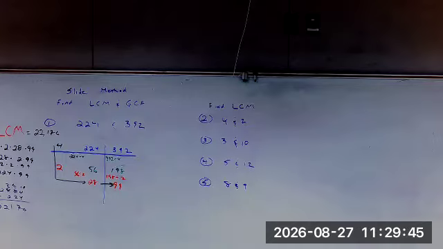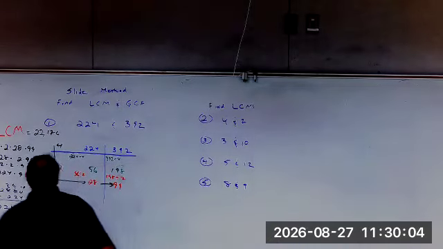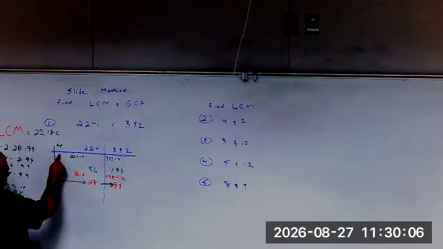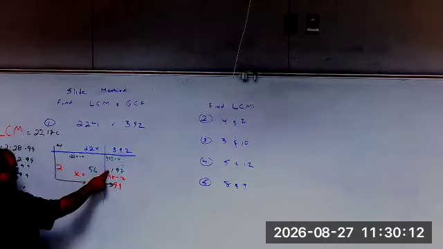Okay, that's fine. And then you divide it by 4. So 196 divided by 4 is 49. Okay, let me check. And 224 divided by 4 is 56. That's 98.